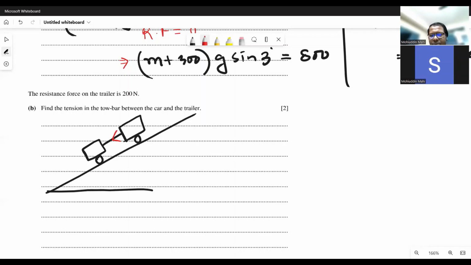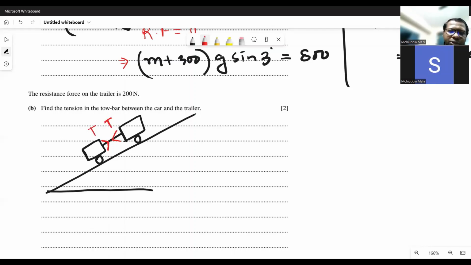So according to Newton's third law, the trailer is going to apply a tension force in the upward direction. And the value of tension in both cases will definitely be equal, because according to Newton's third law, an action and reaction pair is always equal. So at first you need to sort out the direction of the tension.